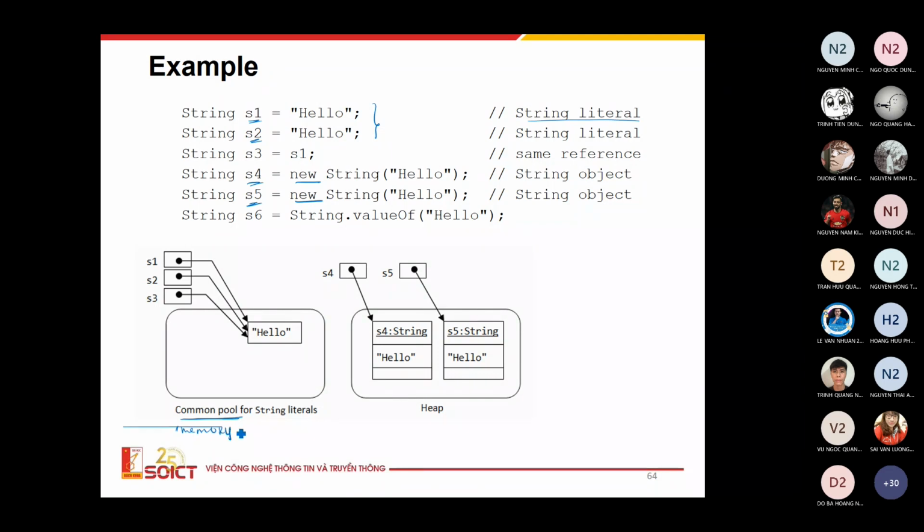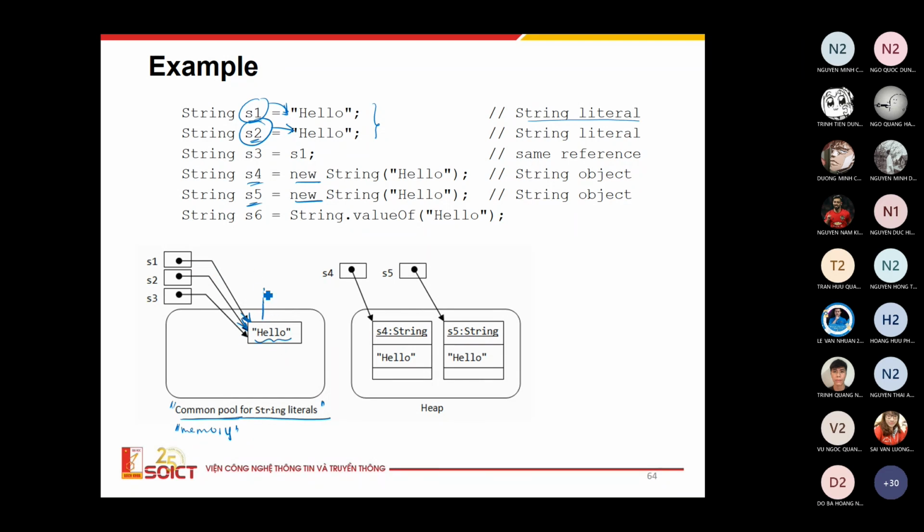In the memory, you will have a part which is called the common pool for string literals. So every string literal will be allocated here. And when you have objects, for example S1 and S2, with the same string value, they will refer to the same region in the common pool.